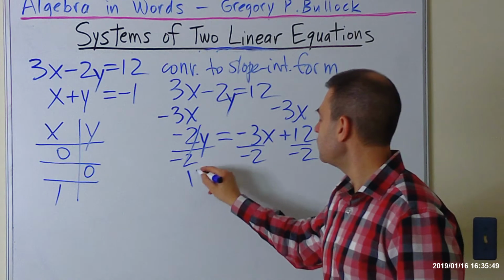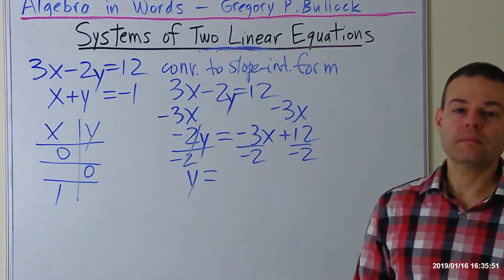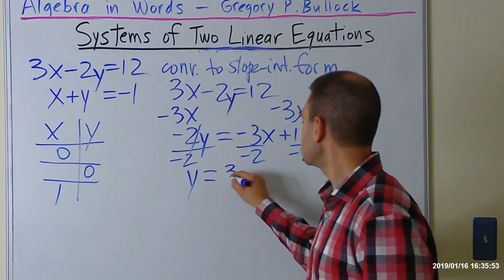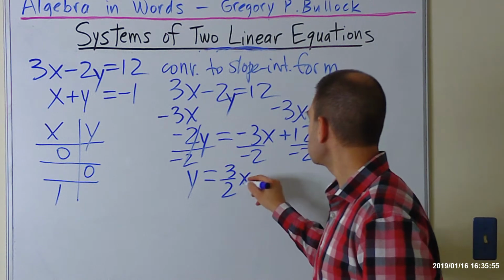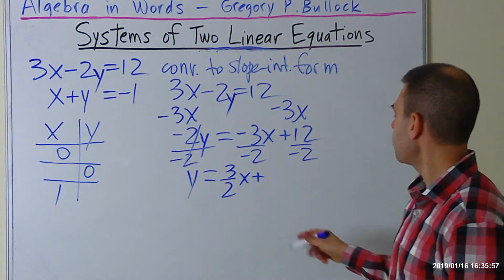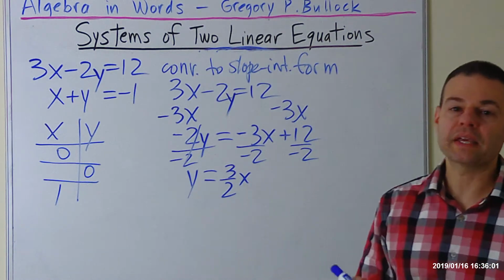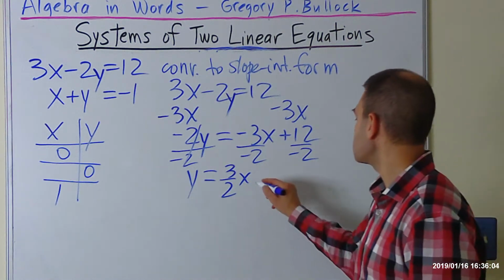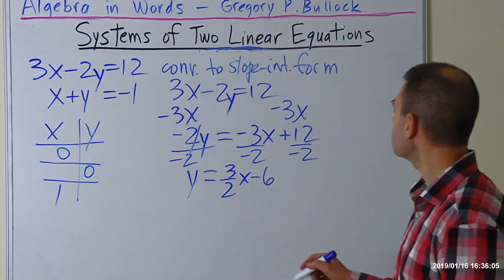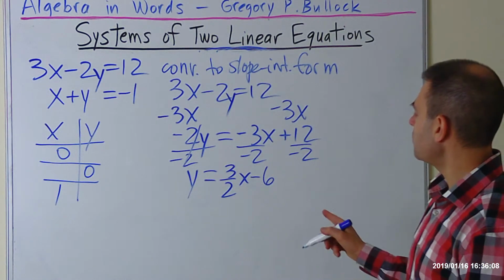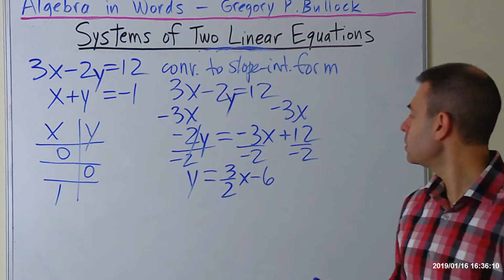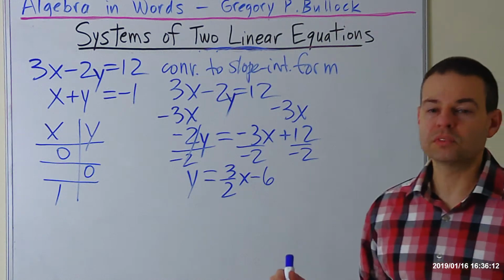These cancel out, leaving y equals positive 3/2 x plus, actually it'll be minus, because we have 12 divided by negative 2, which makes negative 6. I'm just going to rewrite that equation so that we have a little more room to graph.